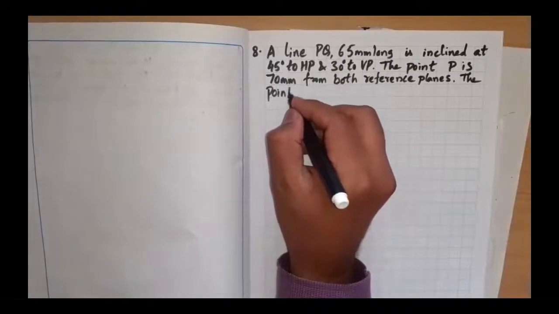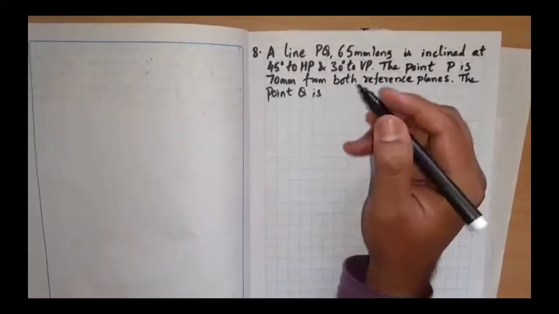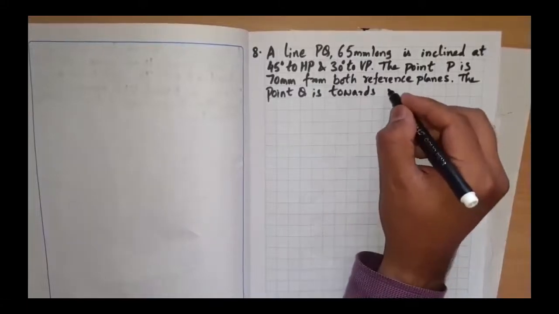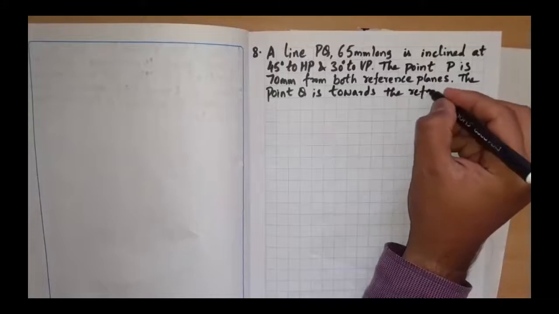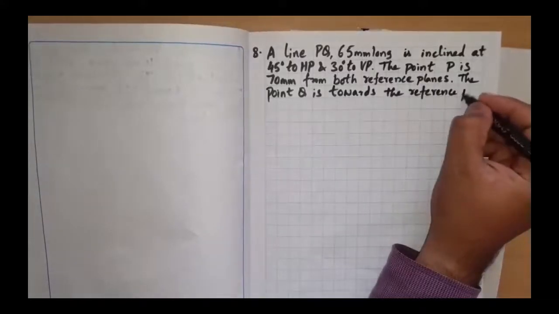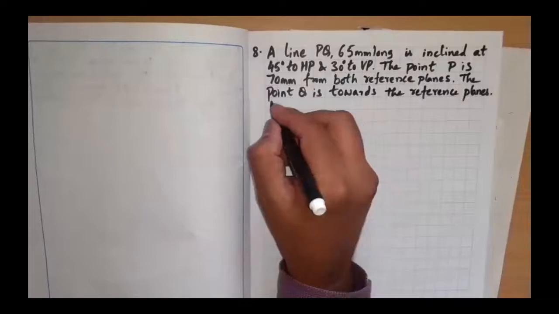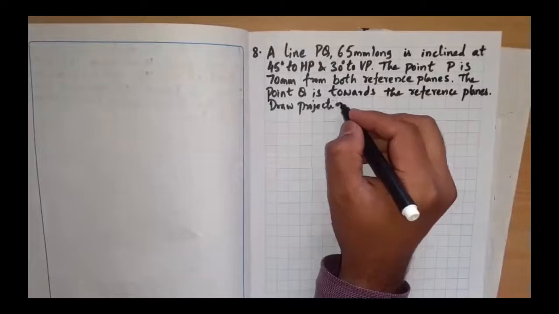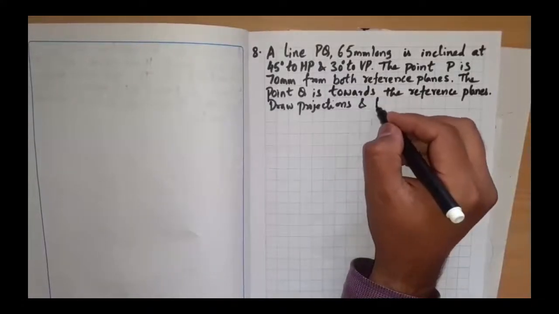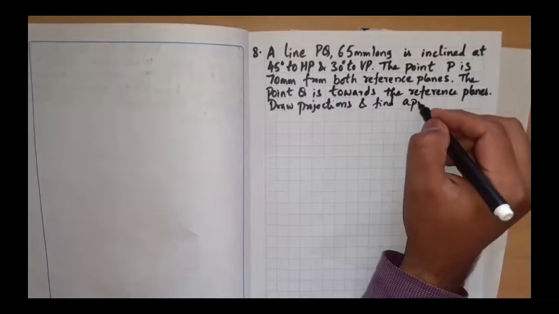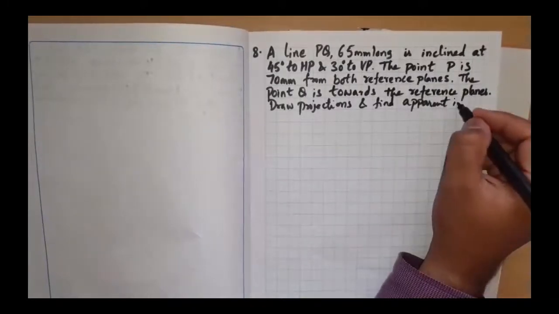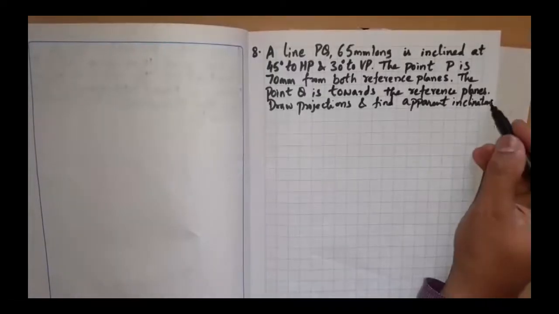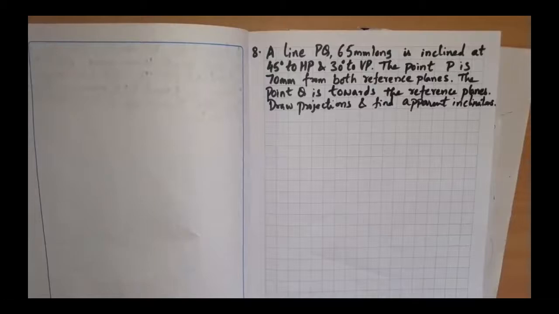The end point Q is towards... draw the projections and find the apparent inclinations.